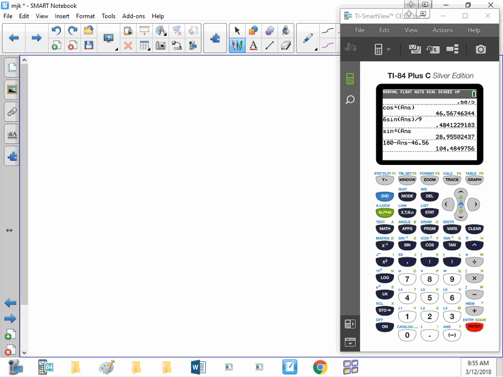If you have side angle side, the area of a triangle, so the area, let's put area, is 1/2 BC times the sine of angle A. Now, don't look at your book.